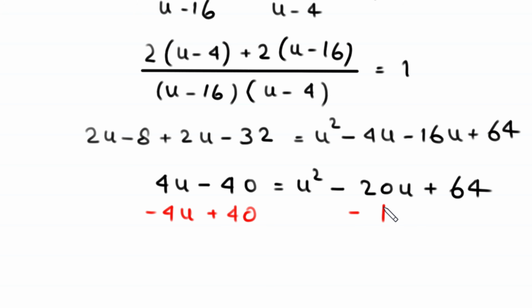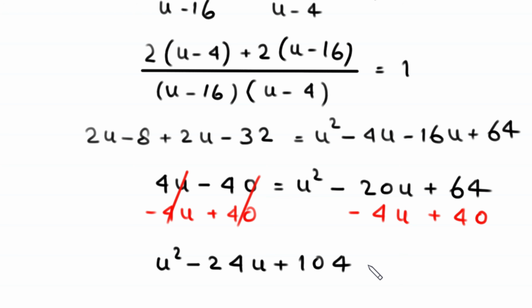So this cancels out, this cancels out, and the equation will become u squared minus 24u plus 104 equal to 0.